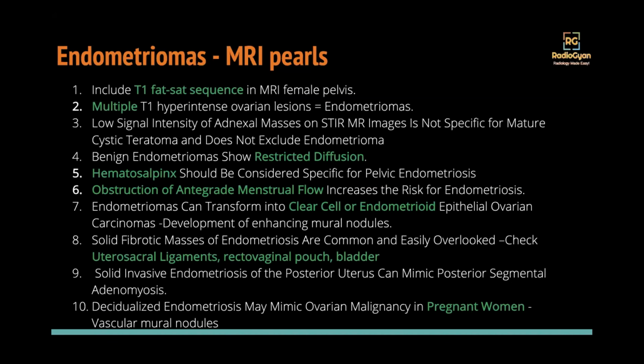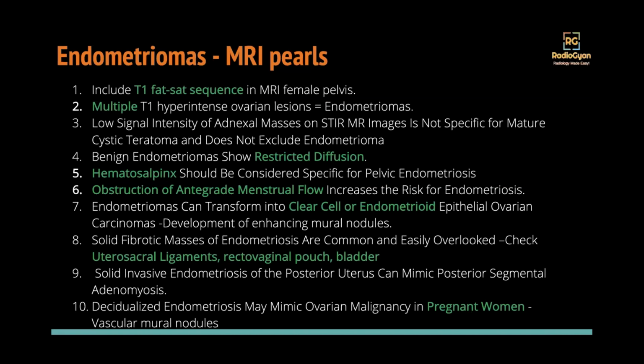Solid invasive endometriosis in the posterior cervix, in the posterior uterus or in the rectovaginal pouch can simulate posterior segmental adenomyosis. Adenomyosis is a condition where you see endometrial glands in the myometrial tissues. They are often associated, but they may or may not be always present. We'll discuss adenomyosis in another class.